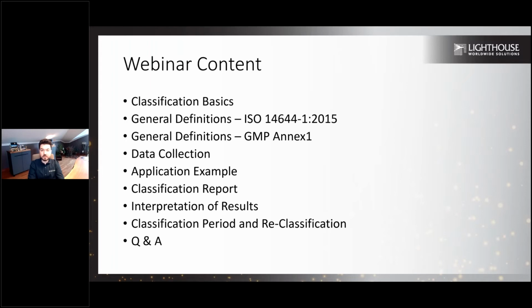The classification report will also be part of this presentation, how to prepare your report after collecting all this raw data, what the pass and fail criteria are, and interpretation of your results. In general, people are very good at collecting this information, but when it comes to trending or pass and fail criteria, we have a few issues, so we want to cover this part. And what will be the period for requalification of your cleanrooms and classification. For some of your questions, I'm going to answer throughout this session.